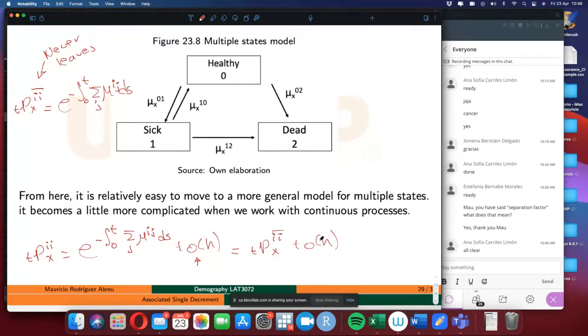This second part is really complicated to get because, since we are in a continuous perspective, that will be the probability of a person who's healthy getting sick, and let's think about getting sick in a more serious way, not just getting a flu, but getting cancer or going through heart surgery and all these things.